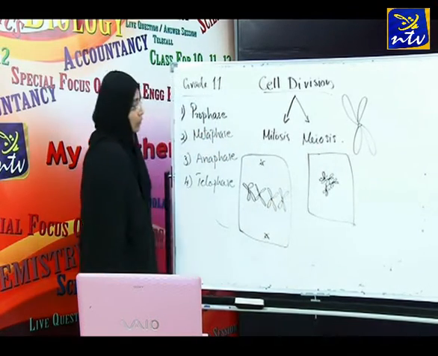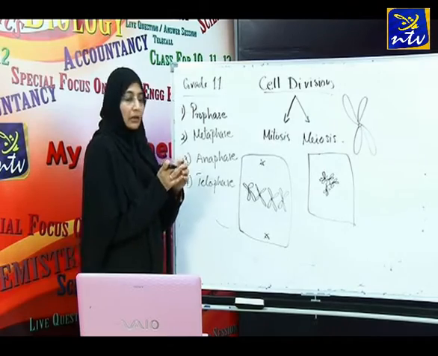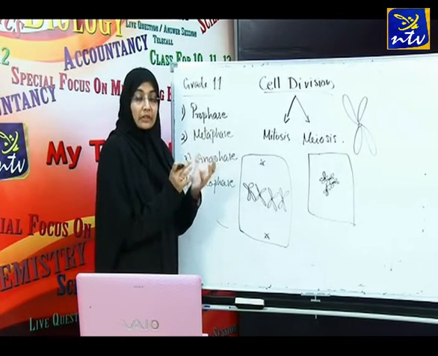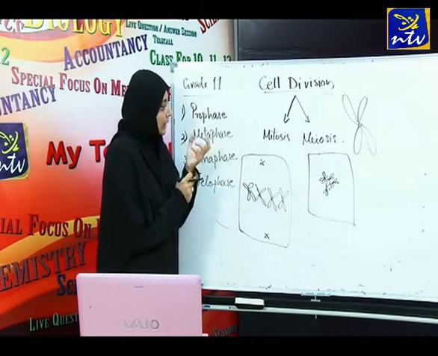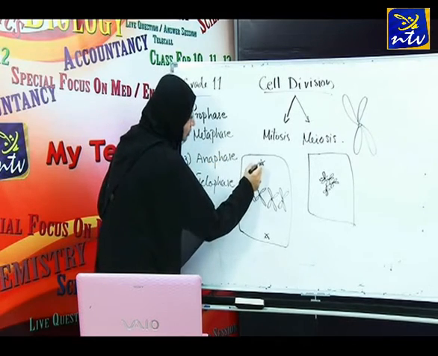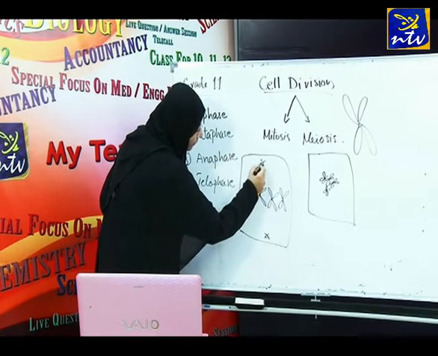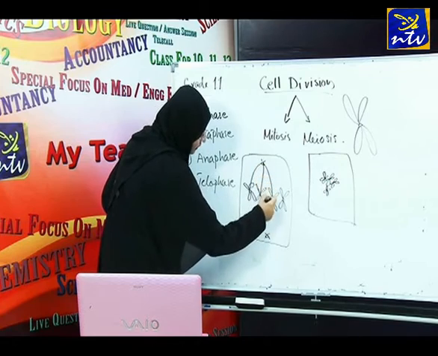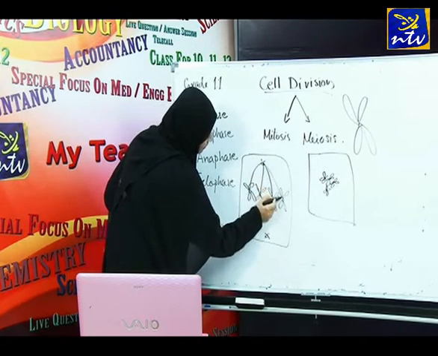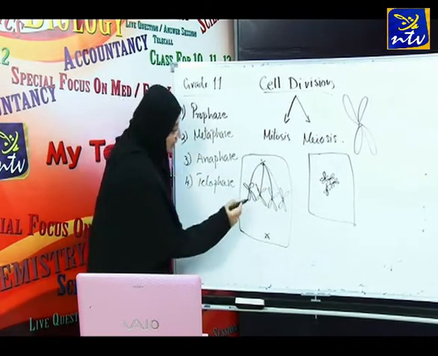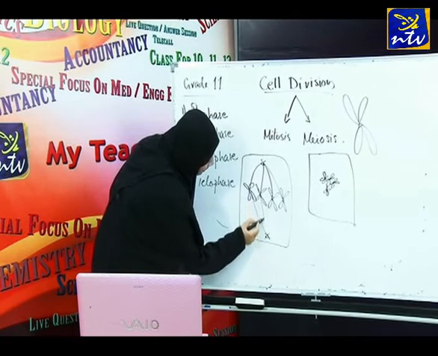Now, what are spindle fibers made up of? These are made up of microtubules, and these spindle fibers attach to the centromere of the chromosomes.